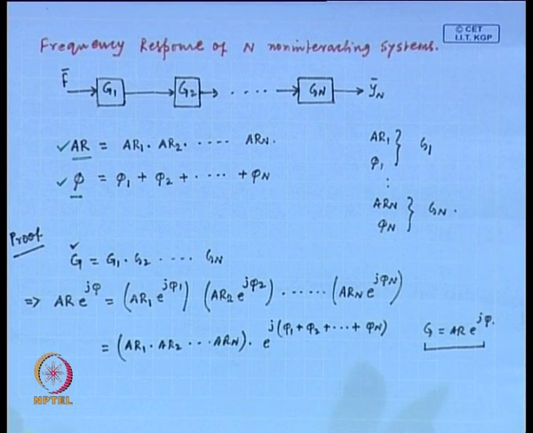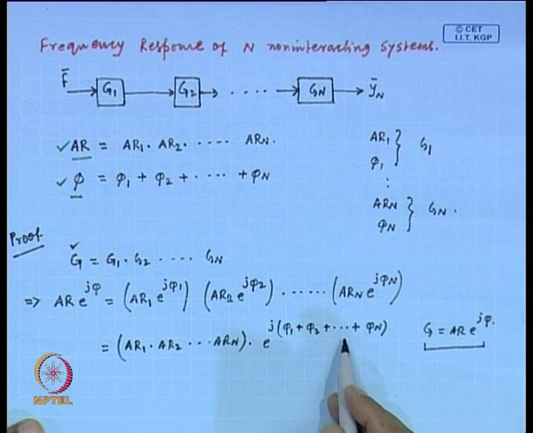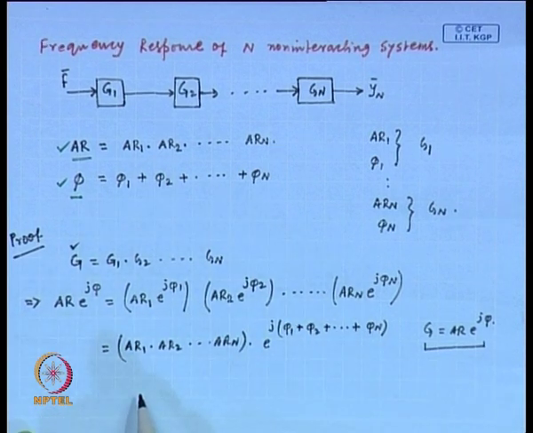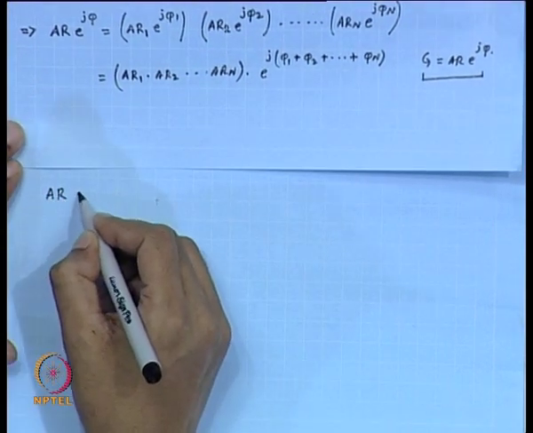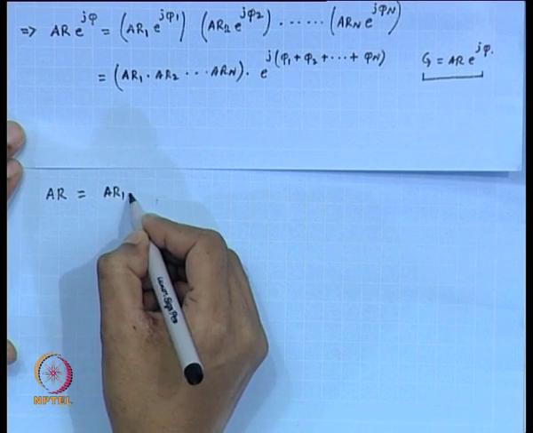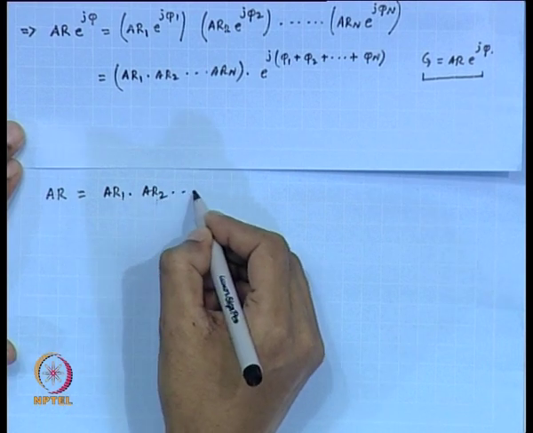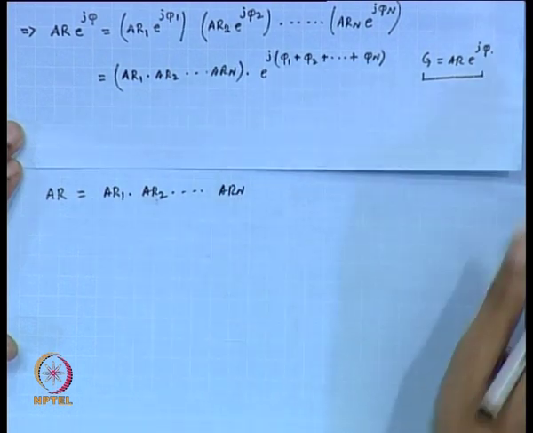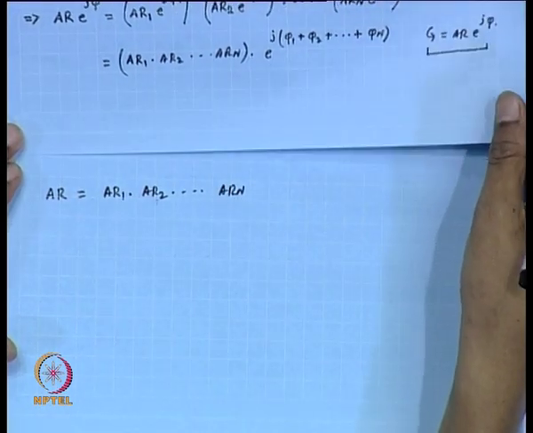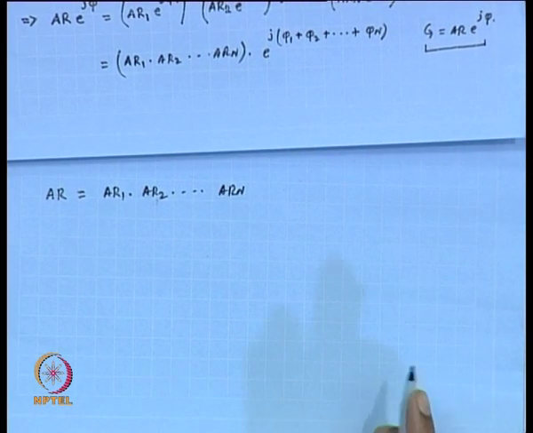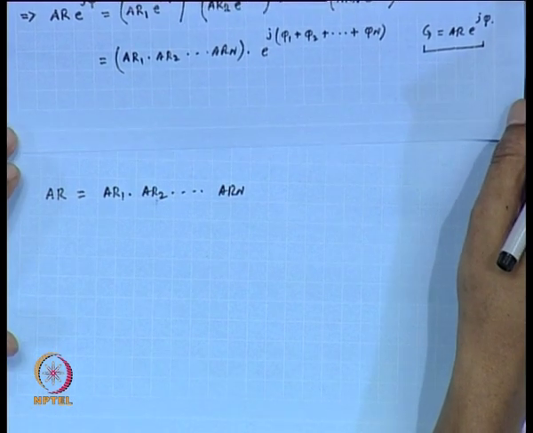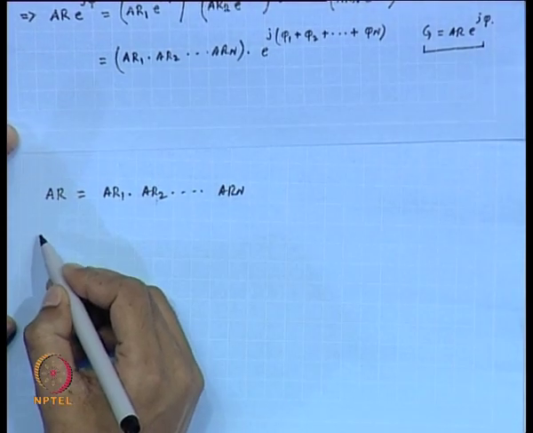Fine, we can write the right hand terms in this way. Now, if we compare left hand side and right hand side, we get the overall amplitude ratio as the multiplication of individual amplitude ratios.